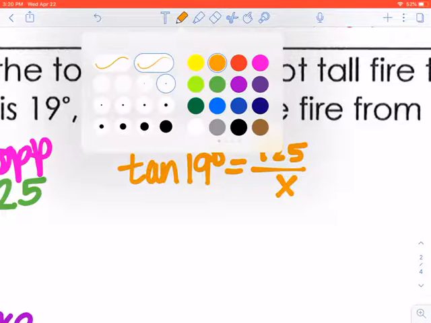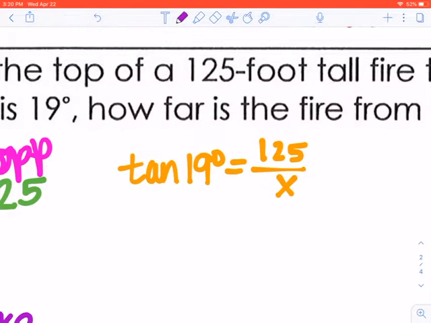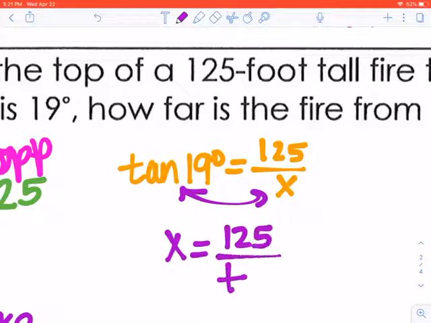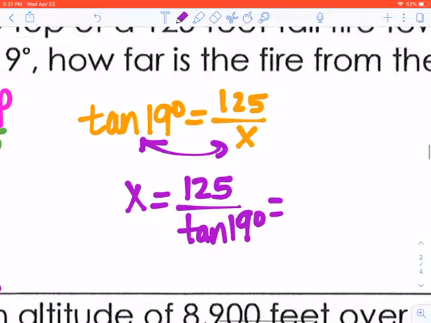And now we just need to solve for x. On these ones, we switch the x with the tan 19. x is equal to 125 divided by tangent 19 degrees. And this is something you go to your calculator for. You plug in 125 divided by tangent 19 degrees and make sure you're in degree mode.